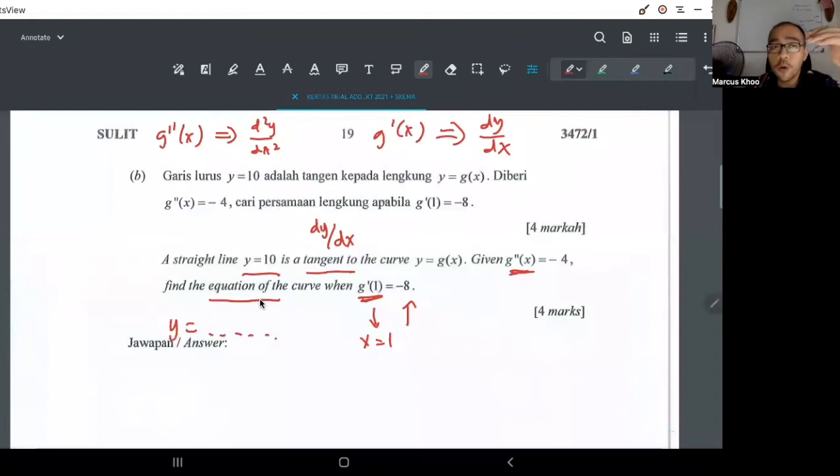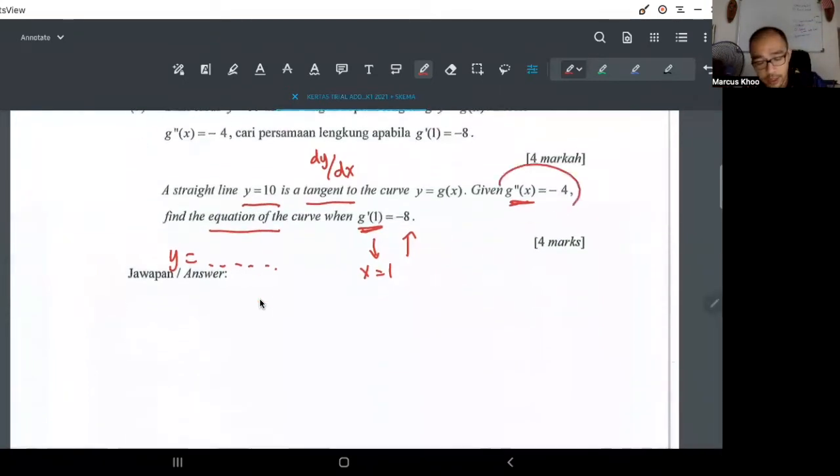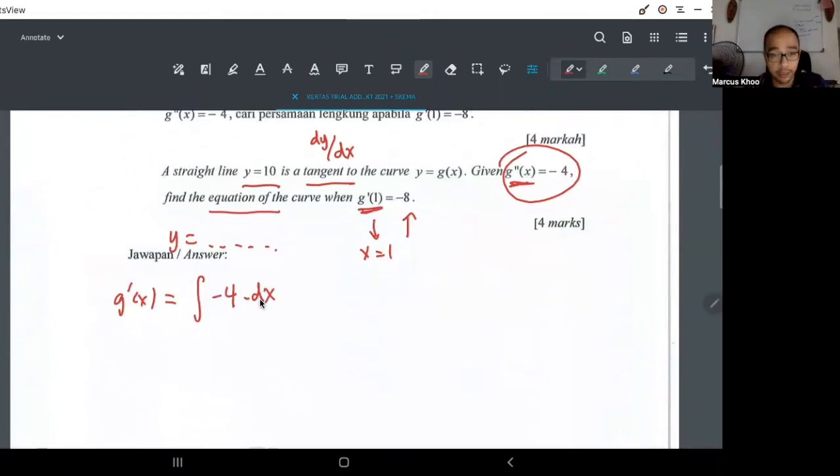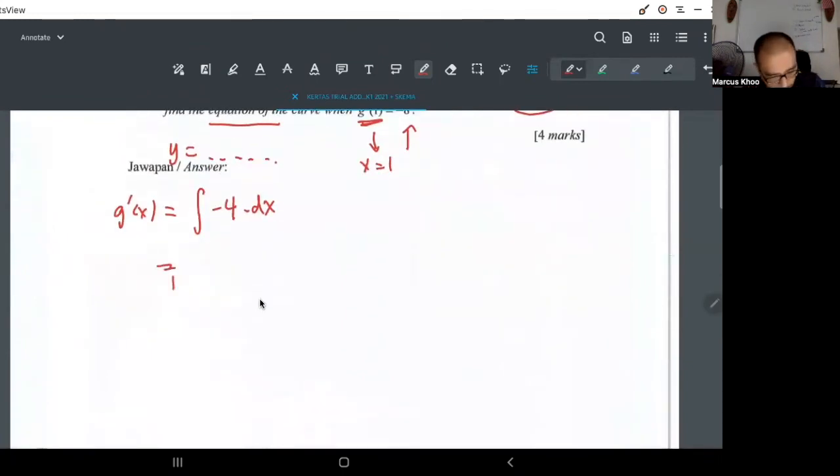So how do you go from d2y/dx2 to y? You integrate twice, and you substitute in all the information that you have. I'm going to start with this. G prime x will be equal to the integration of negative 4 with respect to x. I integrate negative 4 and I get negative 4x plus c as g prime x.